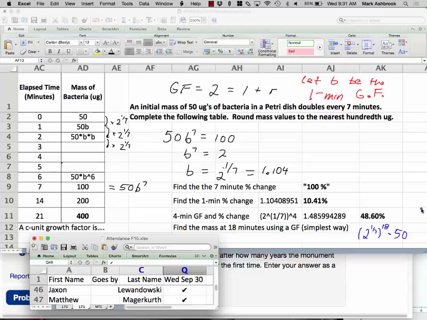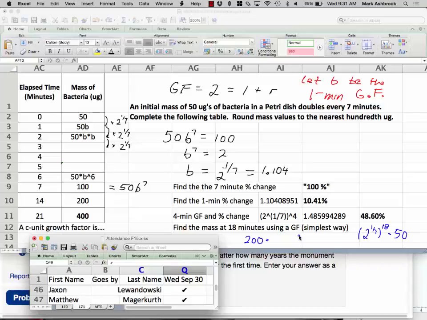So anyone got it more streamlined? Yes, sir. You take the 4-minute growth factor and multiply by 200. Right. So instead of starting at 50 and multiplying by the 18-minute growth factor, you could start at 200, which is how much you have at 14 minutes.